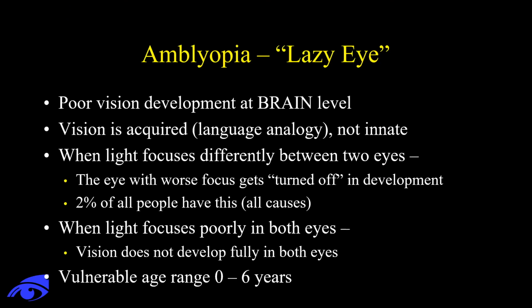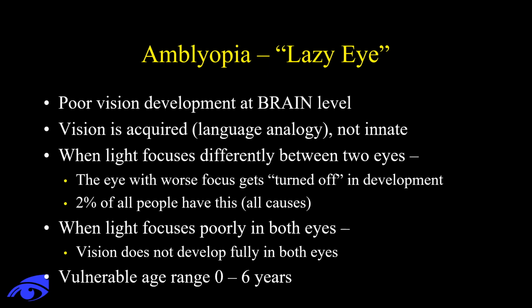So what is amblyopia? It is the official term for what we sometimes call lazy eye. It is poor visual development at the brain level. As we have discussed earlier, vision is acquired, and when light focuses differently between the two eyes, the eye with a worse focus can sometimes get turned off during development.